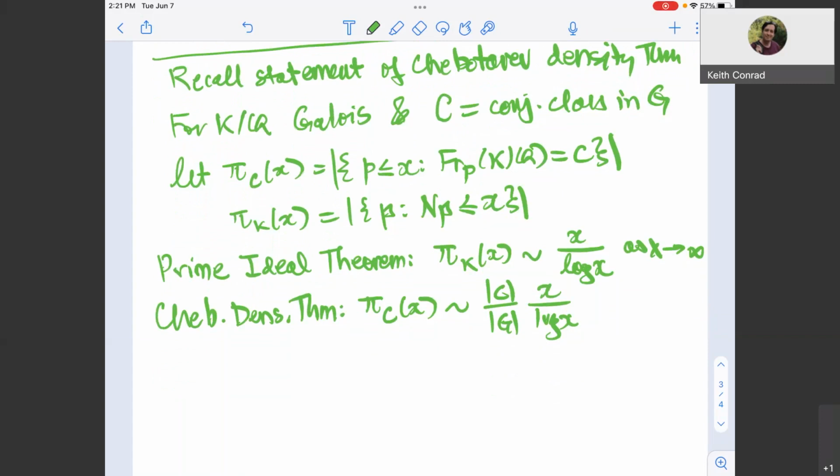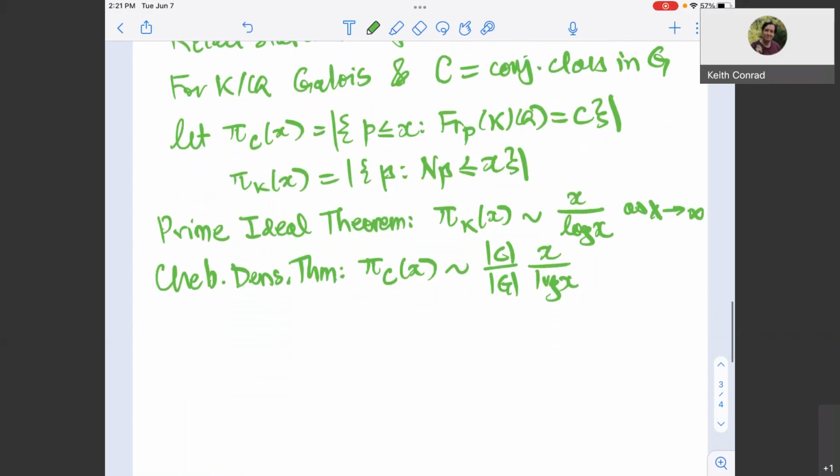So don't say it doesn't have any applications to real life. Well, we can pretend that they do for the purpose of this talk. So just to simplify, without loss of generality. All right. So in particular, if the Galois group is an abelian group, conjugacy classes have size 1.